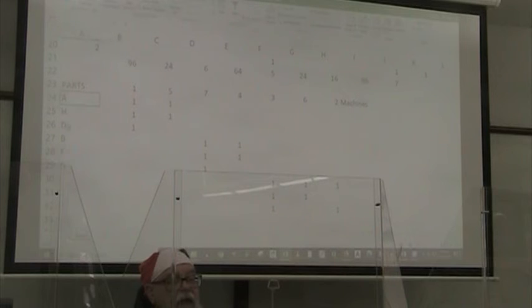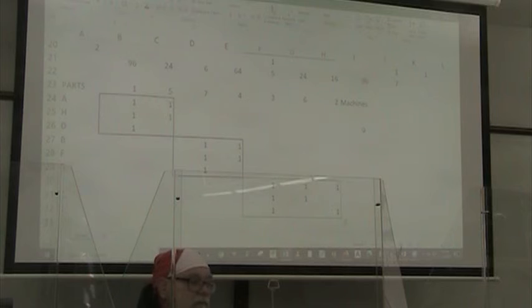Parts A, H, and D are going to have a cluster of these 2 machines. B, F, and G are going to have a cluster of these 2 machines. And then I, C, and E will have a cluster of these 3 machines.